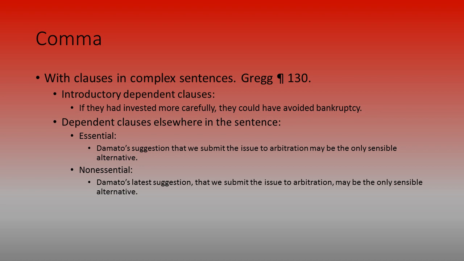So those two examples, D'Amato's suggestion and then D'Amato's latest suggestion that we submit the issue to arbitration. You really don't need to know that that was his latest suggestion. It's just extra information. So the non-essential piece can be set off by commas.